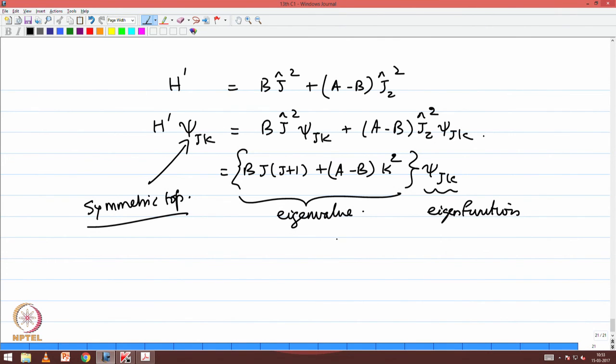Now you recall A is inversely proportional to I z z and b is inversely proportional to I x x.